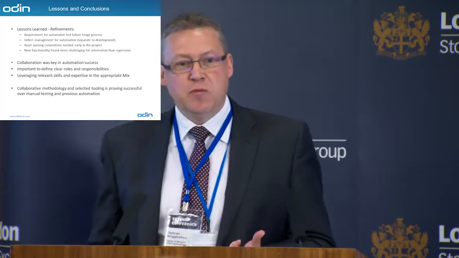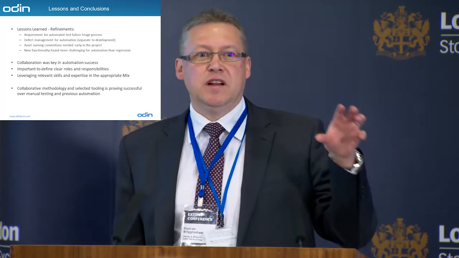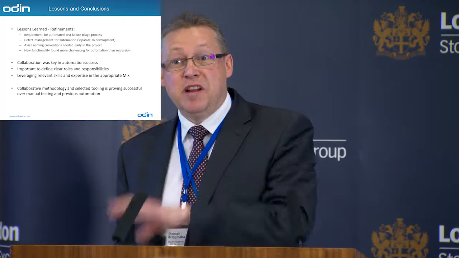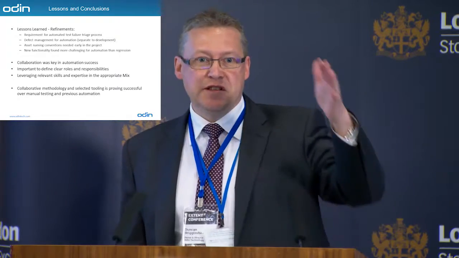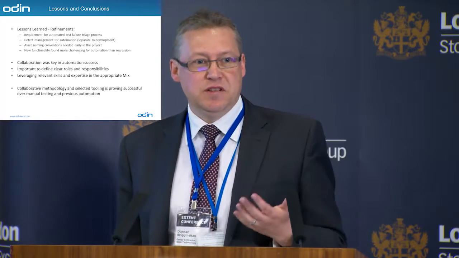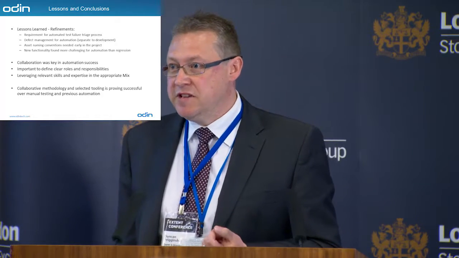One of them, an interesting one that fell out of this, was the requirement to keep automation defects and application defects separate. As automation scaled, obviously as you're building those tests, it's important to track any problems that you face with automated tests.